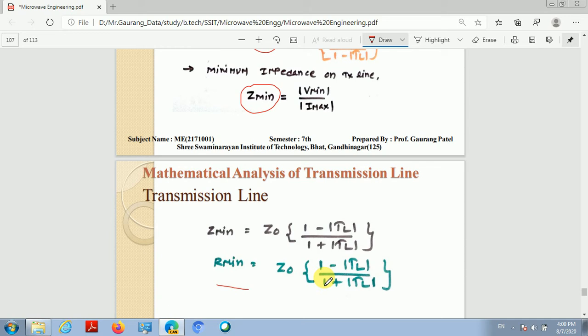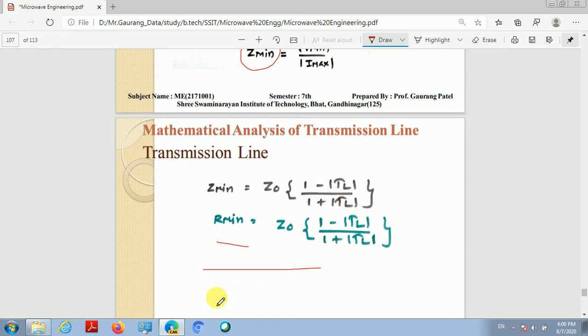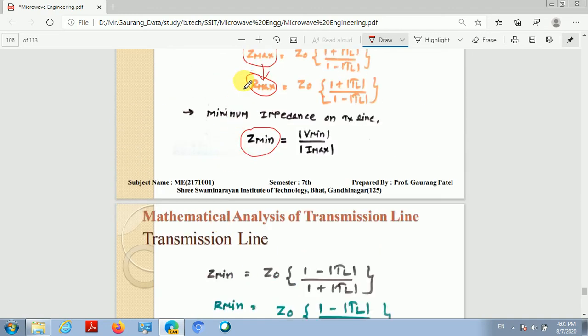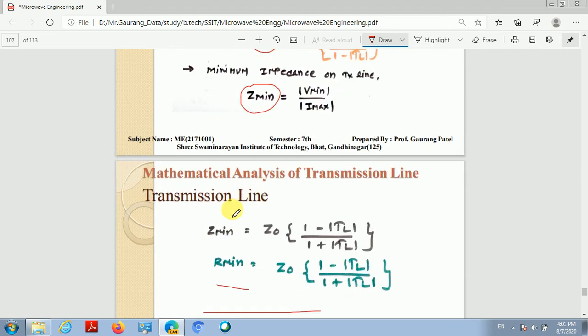Now as we move on the transmission line, the impedance varies as seen from the impedance transformation relation. But there is an upper and lower bound on the value of the impedance over which it can vary. It means that the upper bound is Z max and the lower bound is Z min.